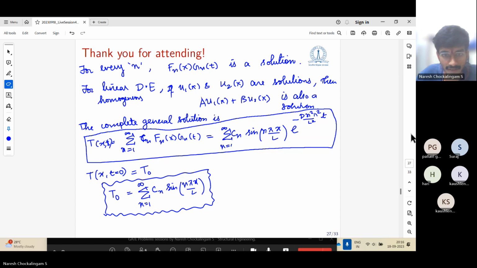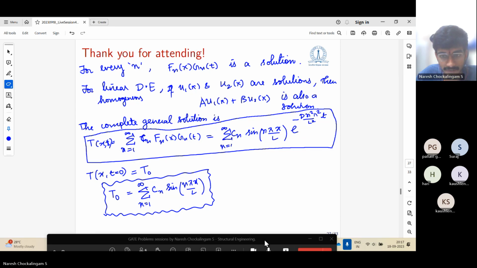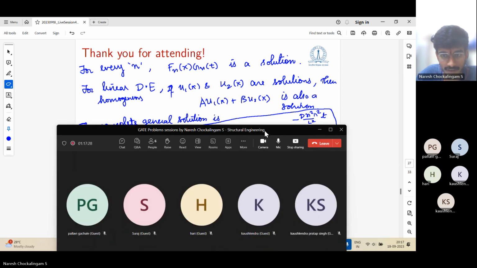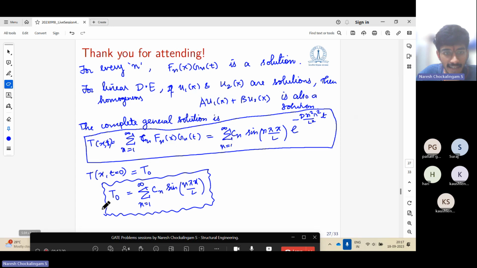Yes. This is the Fourier series, Fourier sine series, right? This is just the Fourier sine series of this function T0. T0 is a constant function, and Cn's are the Fourier coefficients. How do we get Cn? So simple.